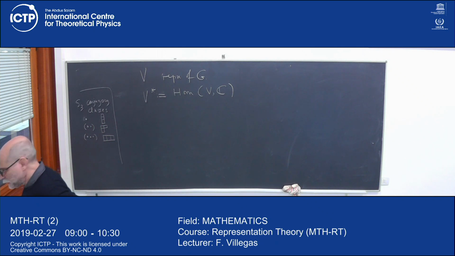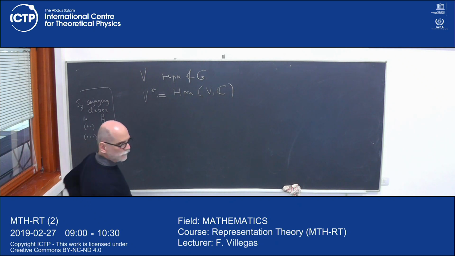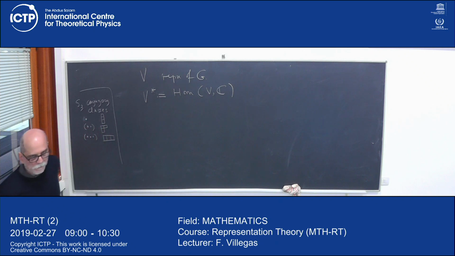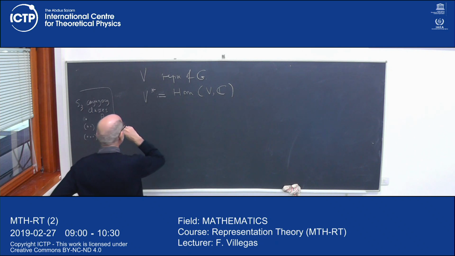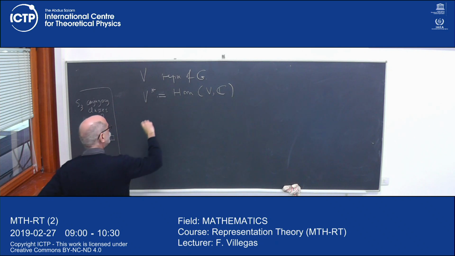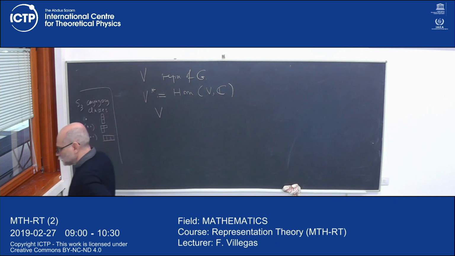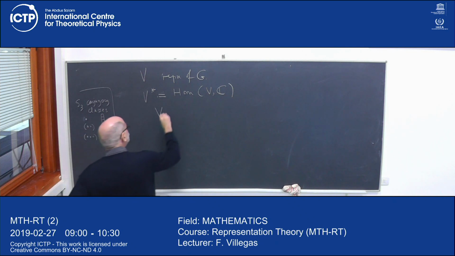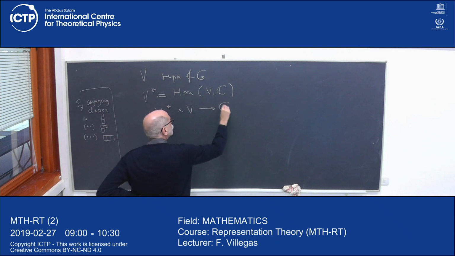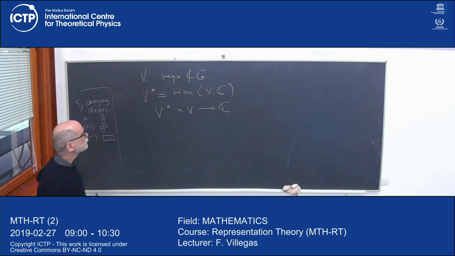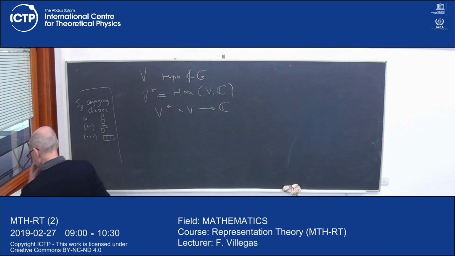And we want to define an action on this new vector space V dual that somehow makes everything natural and compatible. And so one way to do that is to look at the following. There is a natural bilinear pairing between the dual vector space and the space itself, which is just sort of follow your nose type of thing.